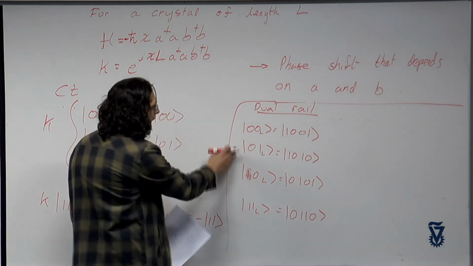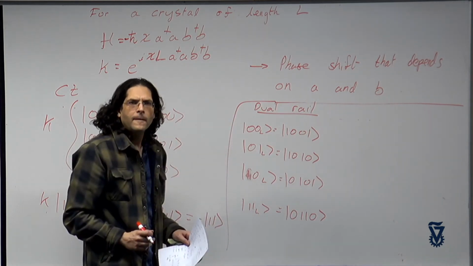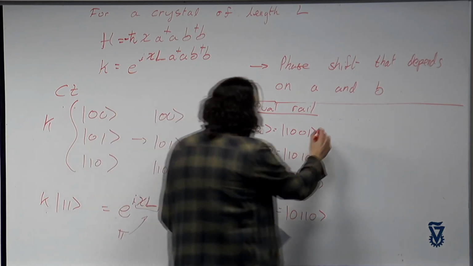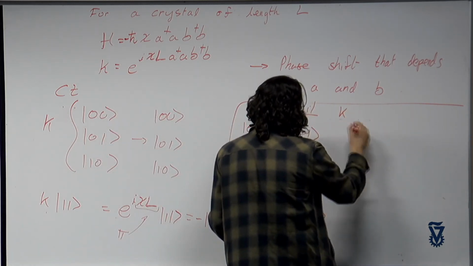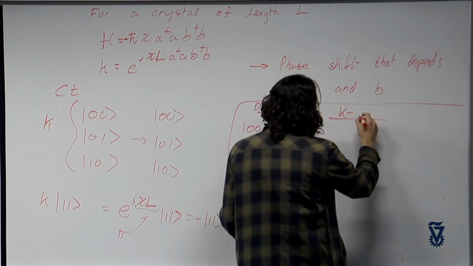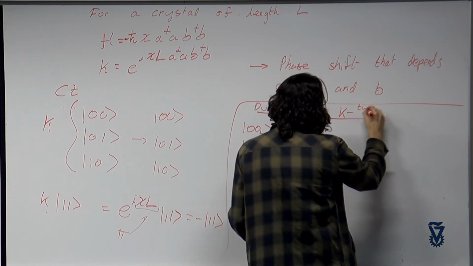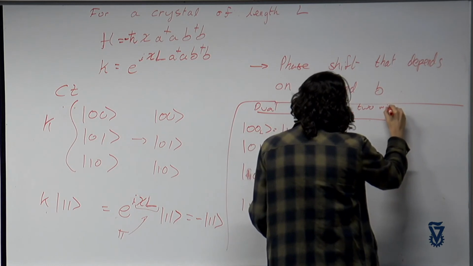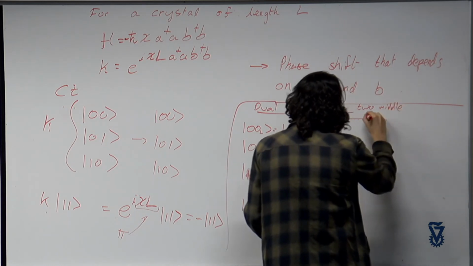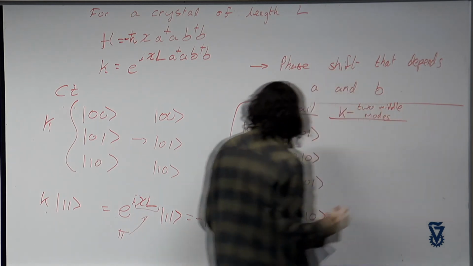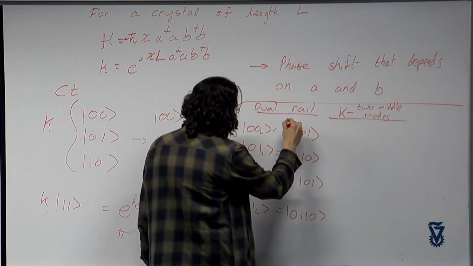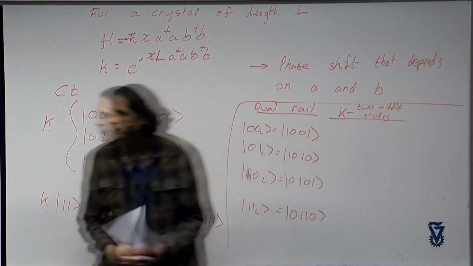Now, what we're going to do is apply k, and we're going to apply it on the 2 middle modes. Not on 2 middle qubits, 2 middle modes. So maybe I'll do a different color.